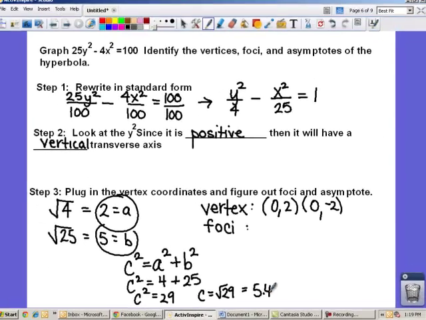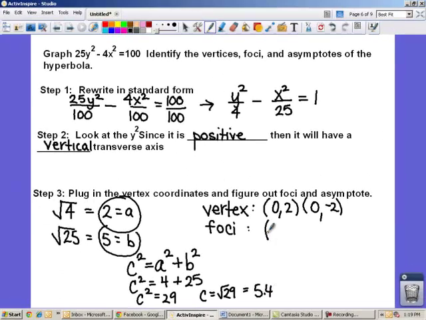So our foci, because we're following the vertical one, it's supposed to be 0 first, and then the C. And then we have 0, negative C. Okay, now, where in the world does the B come in? The B comes in when we're talking about asymptote.